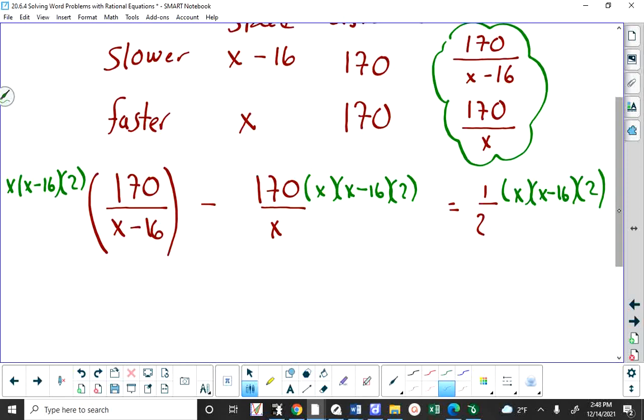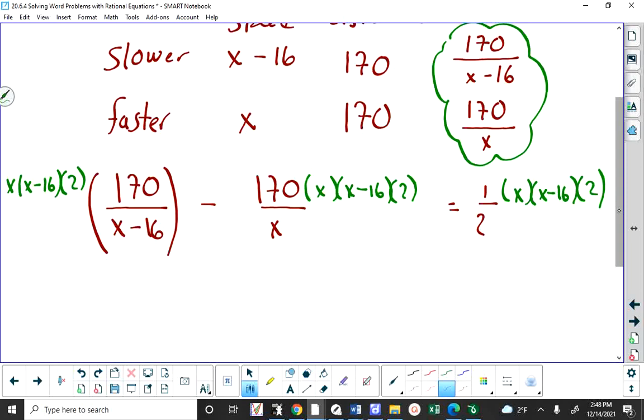Usually then what happens is, we're taking a breather here, we'll get back to this in a second, when you get it down to a quadratic and you use the quadratic formula, usually your two solutions end up being one positive and one negative. And since we're trying to find a speed, the speed can't be negative. It is kind of an extraneous root.